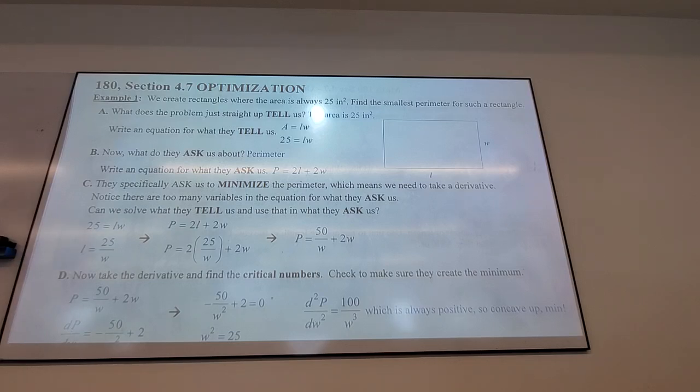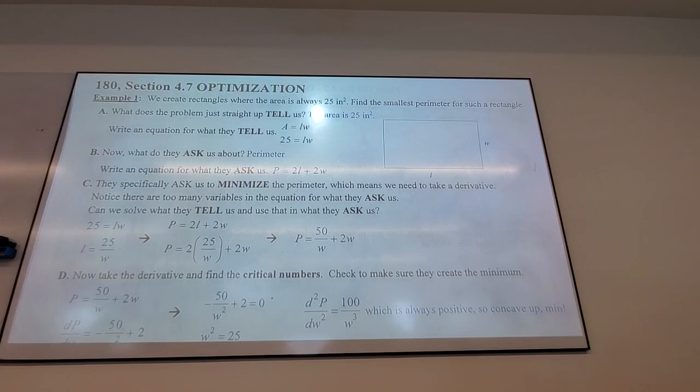The question is going to be find the biggest, find the least, find the thing that maximizes, find the thing that minimizes. It's going to be very overt, extreme. Find the thing that makes the profit biggest. Find the thing that makes cost smallest. Find the way I can make the biggest area out of this. That's optimization.